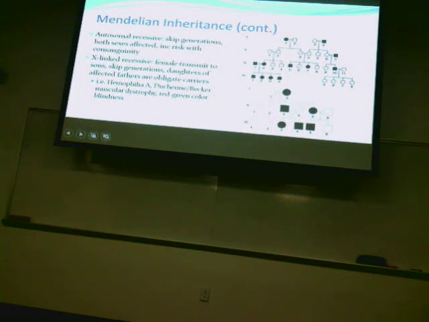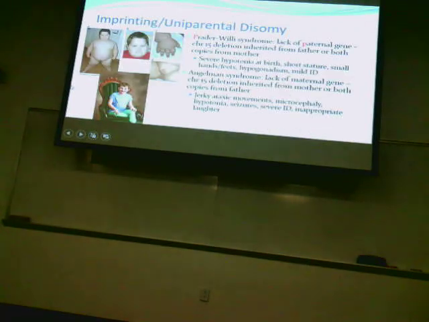You see this in hemophilia A, Duchenne and Becker muscular dystrophies, and red-green color blindness. Now, this isn't the best pedigree to illustrate this, but you can clearly see that mom-to-son inheritance of the disease. So that's why that one's X-linked recessive as well.